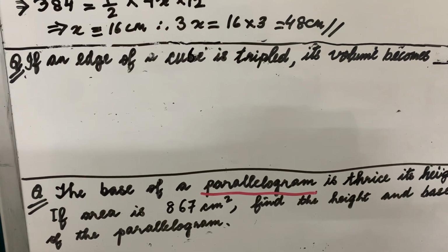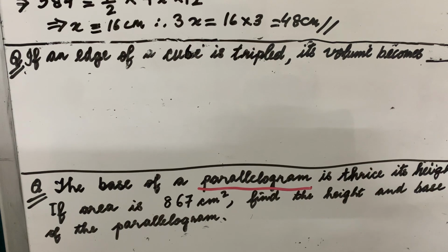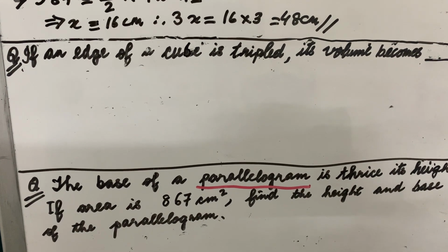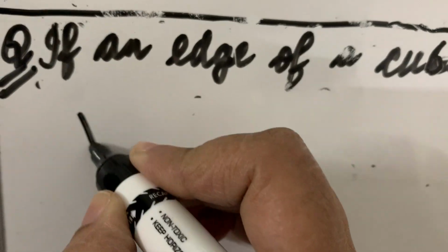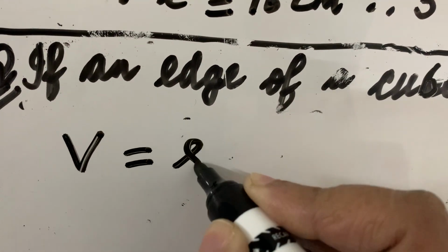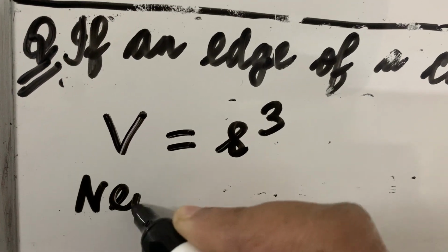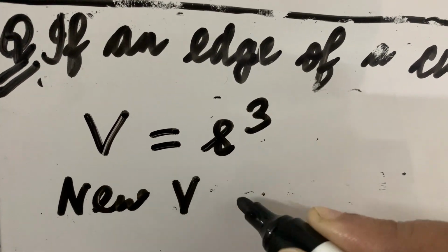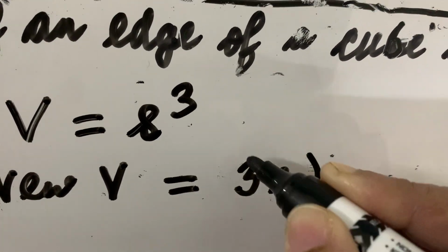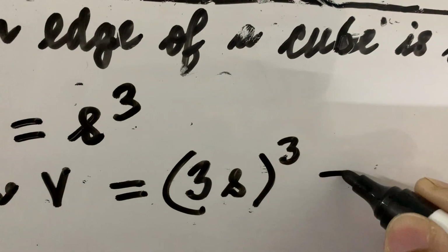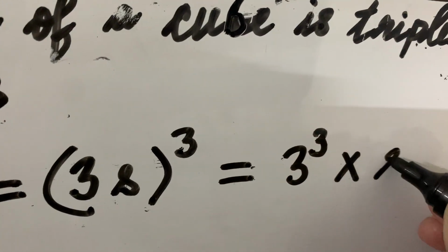The next problem is, if an edge of a cube is tripled, its volume becomes dash. What is the volume of a cube given by? Volume is equal to side cube. Here it is given, side is tripled, so the new volume will be, instead of s we write 3s whole thing cube, which is equal to 3 cube into s cube.